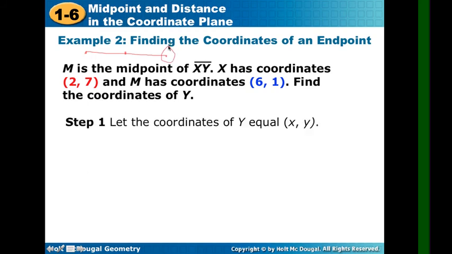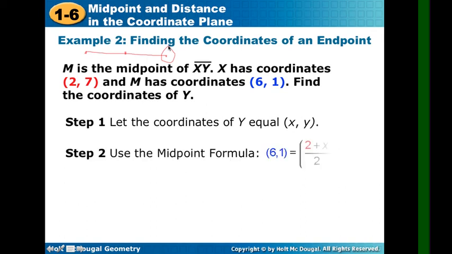Let the coordinates of Y equal (x, y). Use the midpoint formula. So, M is (6, 1) equals (2 plus x) over 2, comma, (7 plus y) over 2. Hinahanap natin ngayon yung coordinates ni Y.